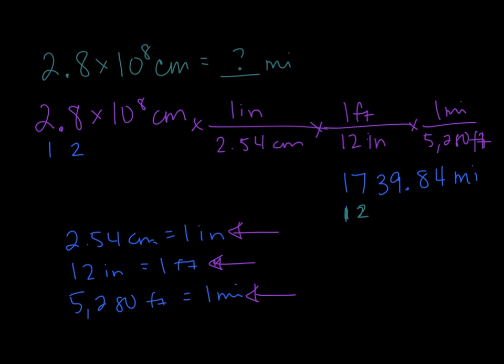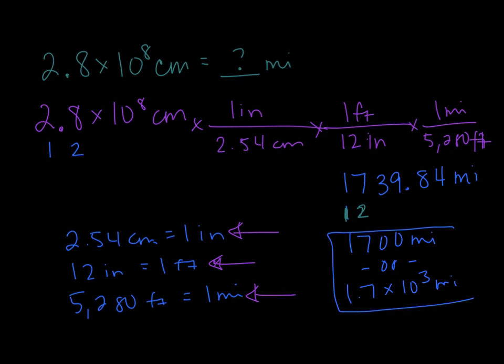So I'd either have 1,700 miles, or I could write it 1.7 times 10 to the 3rd miles. Either one of those is acceptable. They're the exact same answer. Like I said, I would accept this on a test. You wouldn't get penalized for it, but you'd get bonus points if you have the right number of sig figs. All right, let's do another one.